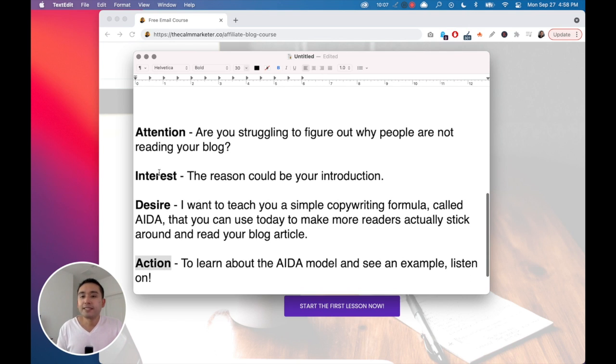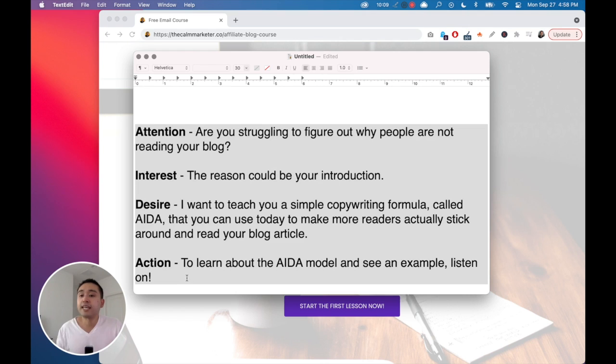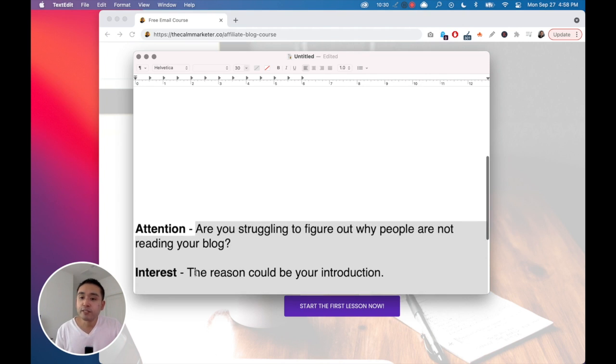So this is a great example of how to use the AIDA framework, the AIDA model, in all of your marketing. So you could turn this into a blog intro. You could turn this into a podcast intro, a Facebook ad, anything in any type of marketing to make it effective.